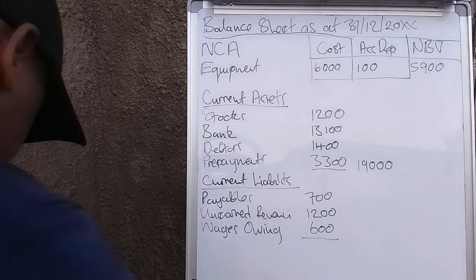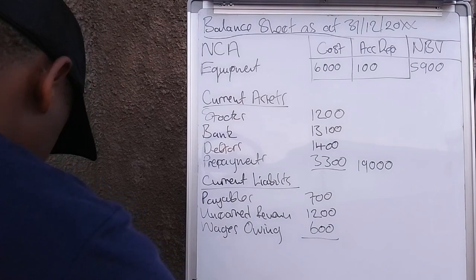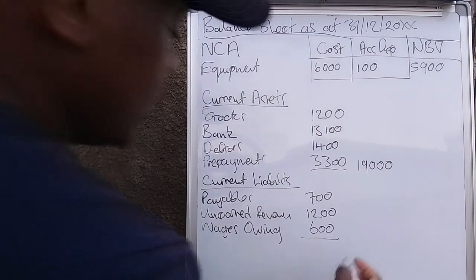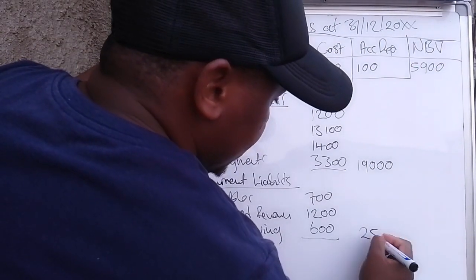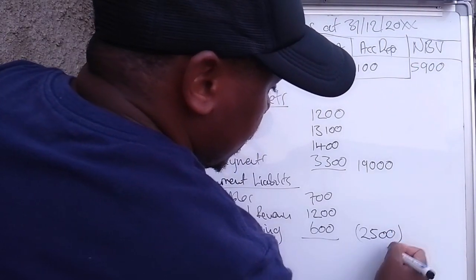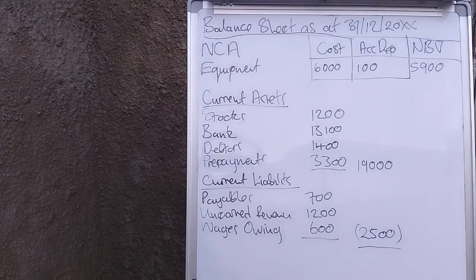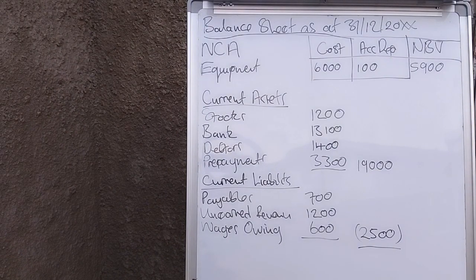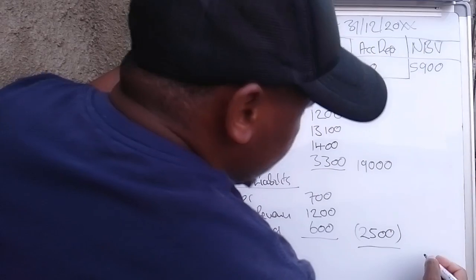Then we get 2,500. We deduct that from current assets and get our working capital, which will be 16,500.